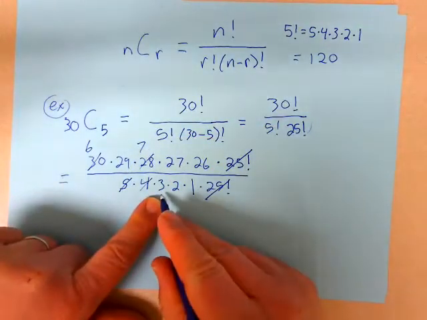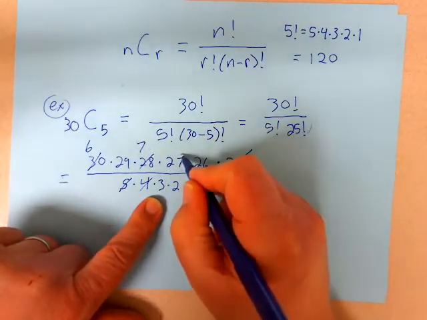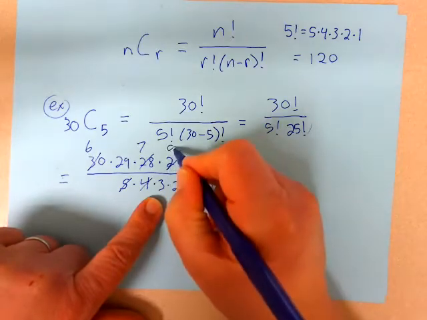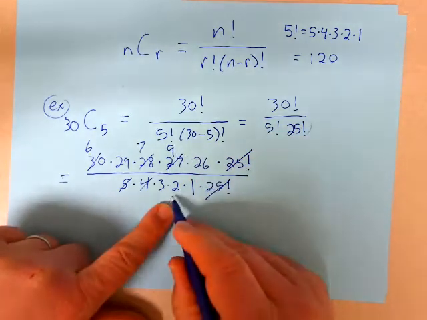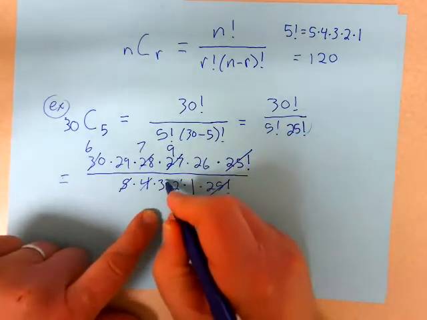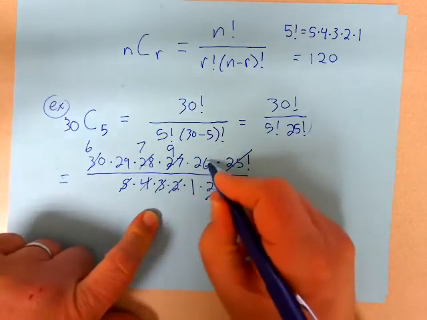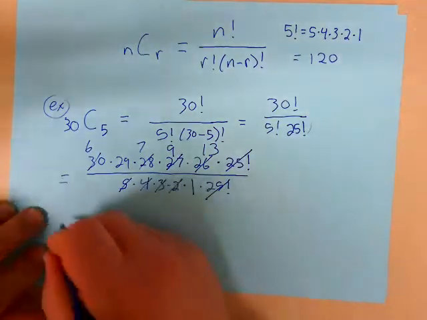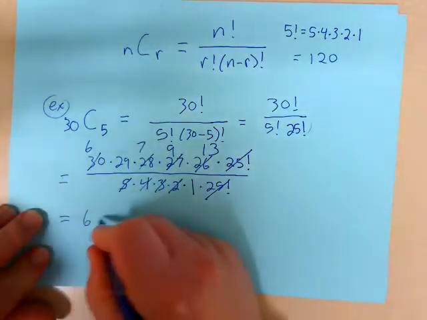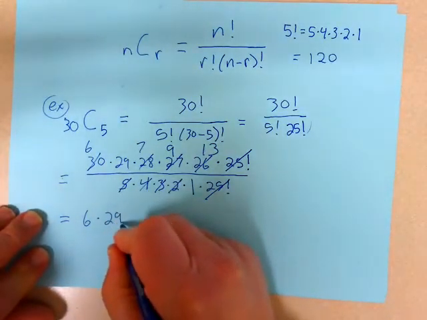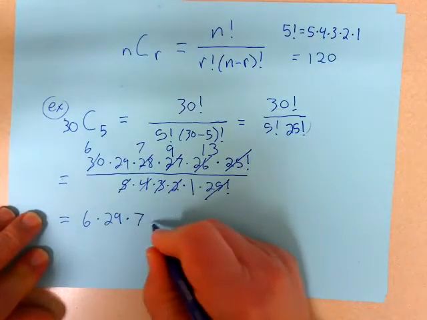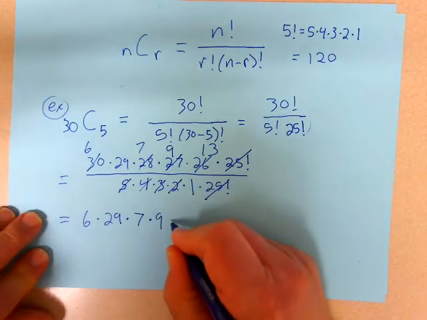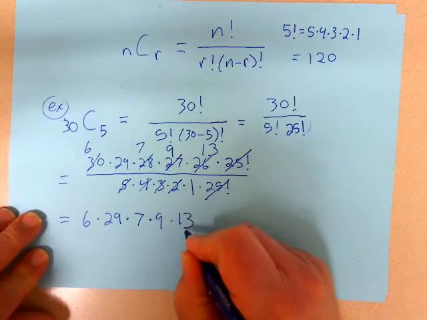The 3 cancels out with the 27, gives me 9. And the 2 will cancel out with the 26, and I get 13. And so what I get here is 6 times 29 times 7 times 9 times 13.